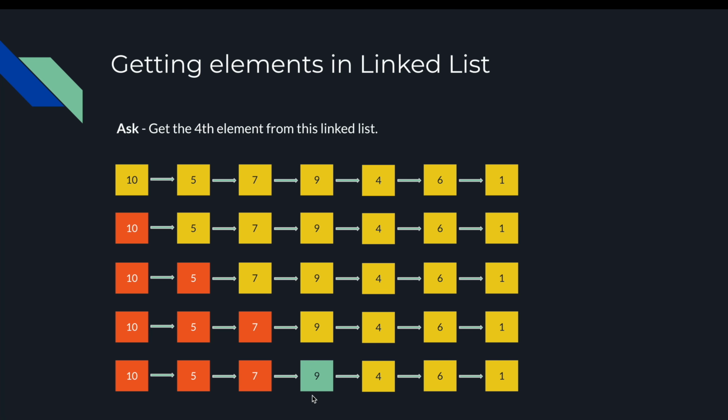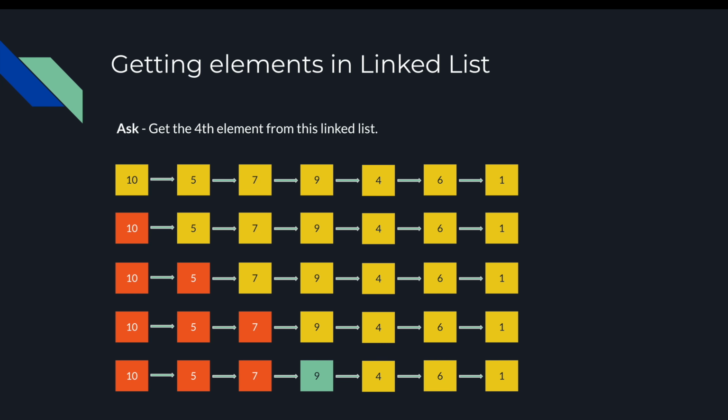In the same way linked list works. If you want to reach the 4th node, you have to cross all the nodes that are coming before that desired node. But the same thing in arrays is quite simple, right? It's like a building and you have a lift and you want to reach the 4th floor, you can simply press the 4th floor button and you will reach there. That's where arrays win over linked list.